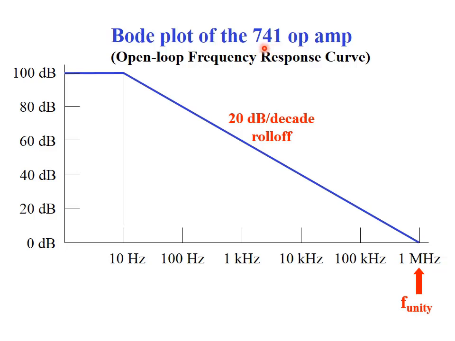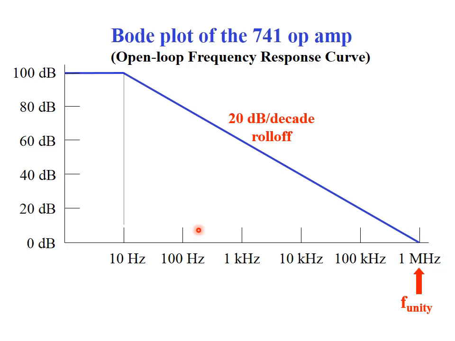So it means that the 741 is suitable for frequencies of 1 megahertz and less. At 1 megahertz and less, this operational amplifier 741 is suitable for amplification. Otherwise, if the frequency is higher than 1 megahertz, then you need to think of another operational amplifier.